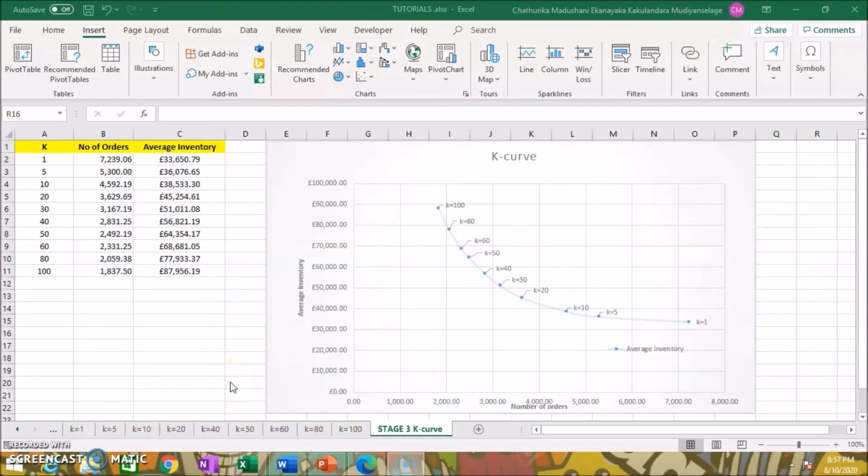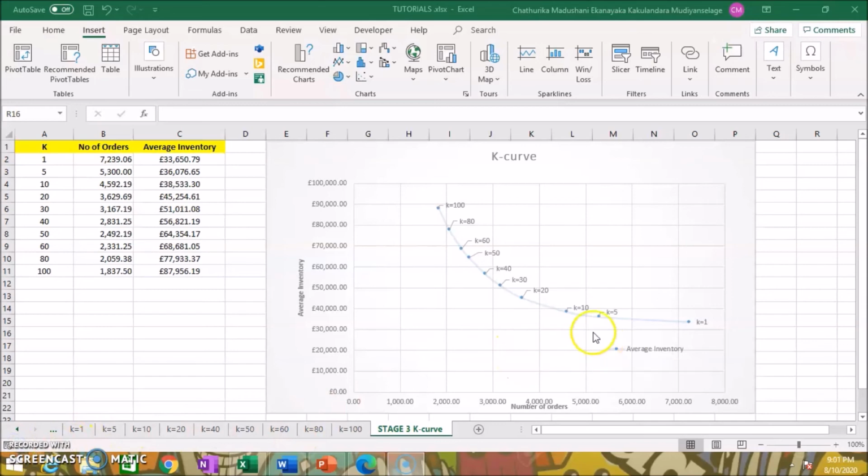When we look at the chart here, there is no cost of inventory or holding cost as they are replaced by K. Instead of considering which value of K we should use, we can ask how many deliveries or number of orders we can cope with. This is easier to answer than what it costs to place an order.